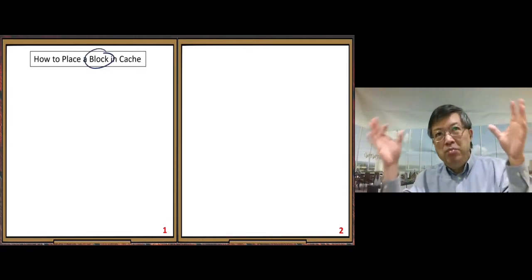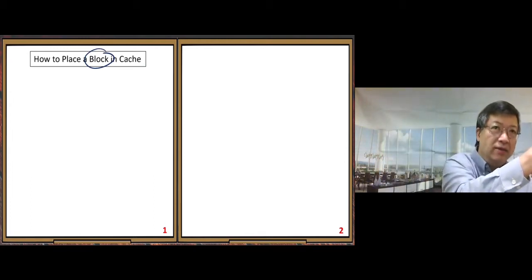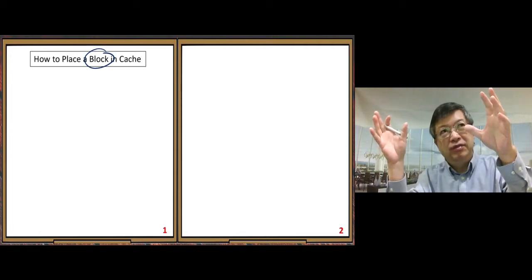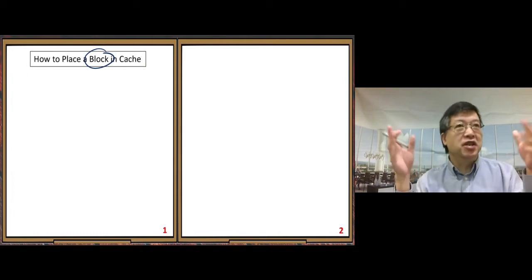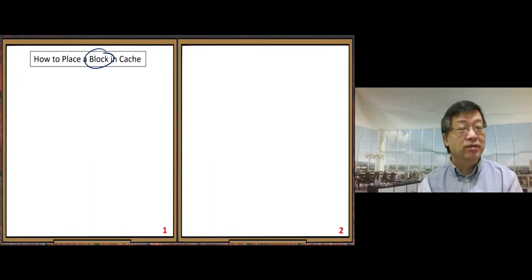So this time we have this concept. We put one block of data, and because that block could be data and instructions, let's say the general data. Instructions we can also treat as general data, so we do not separate.